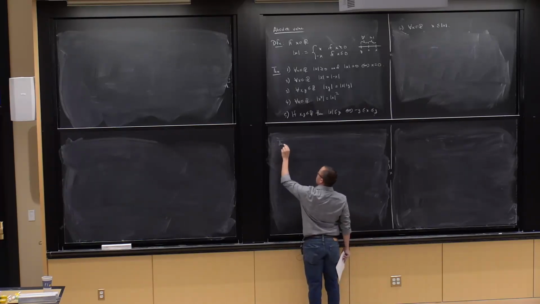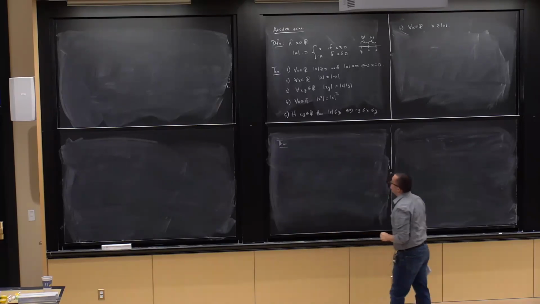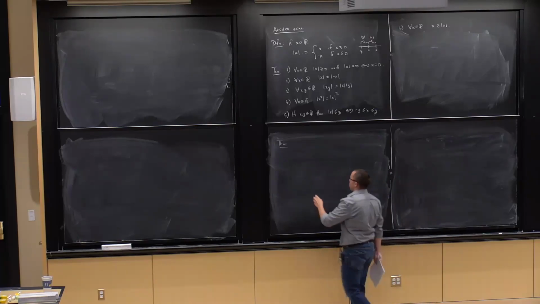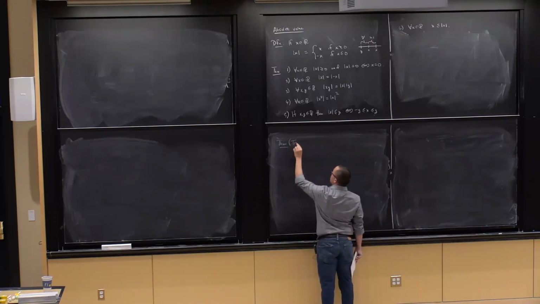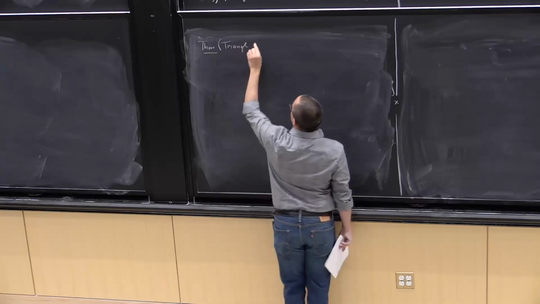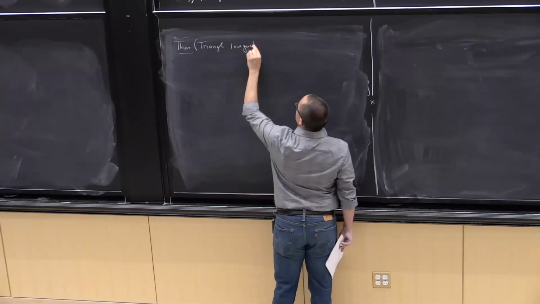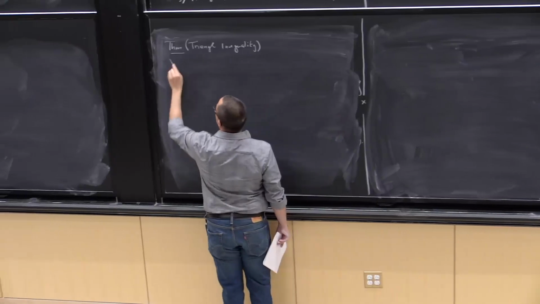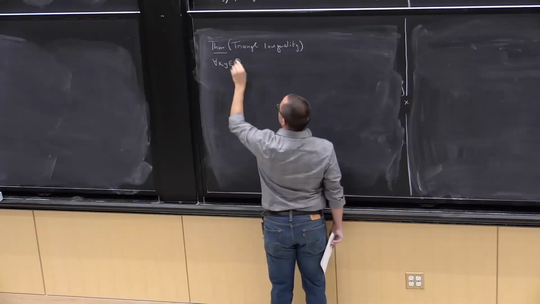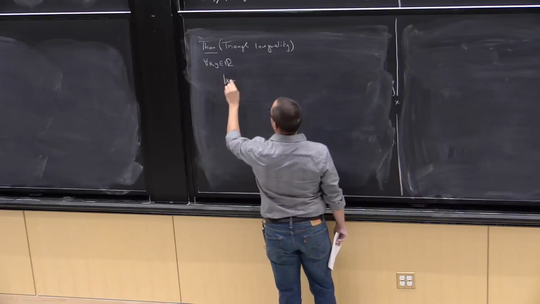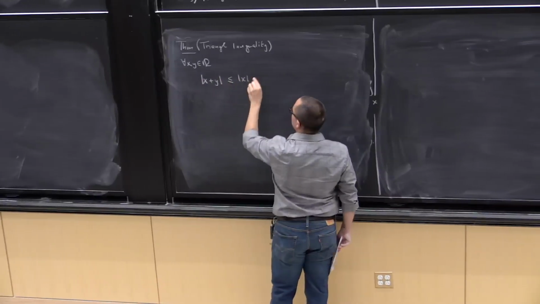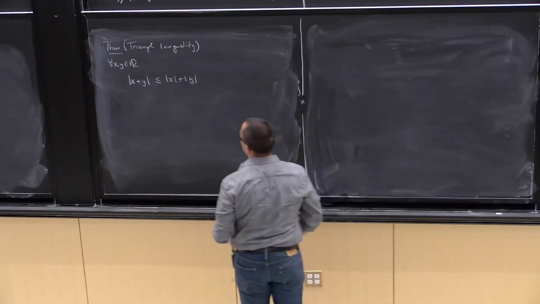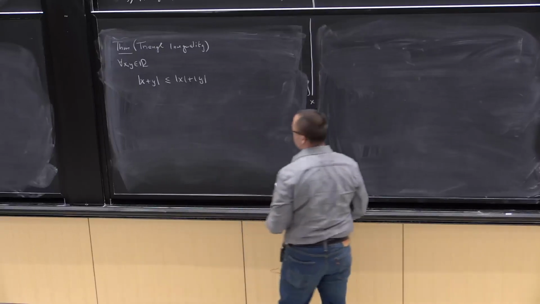So let's prove one more theorem about the absolute value, which maybe you didn't cover in calculus, but it's of fundamental importance in real analysis, which is the triangle inequality, which states that for all x and y in R, the absolute value of x plus y is less than or equal to the absolute value of x plus the absolute value of y.